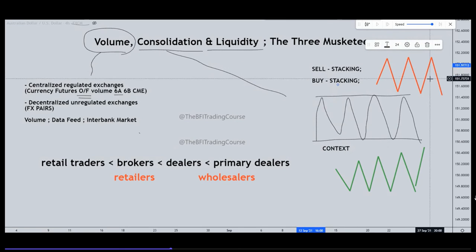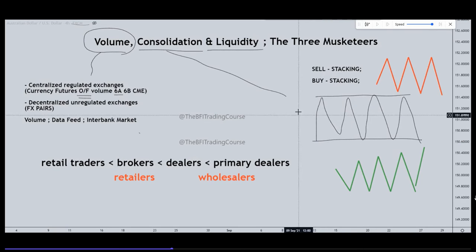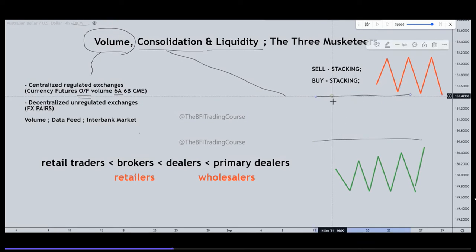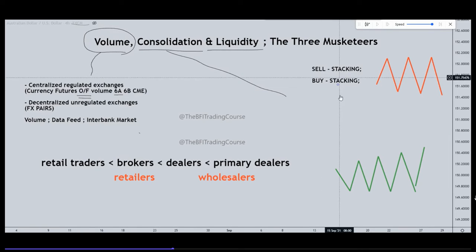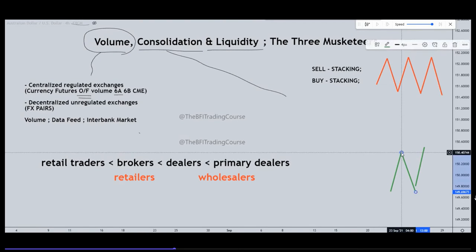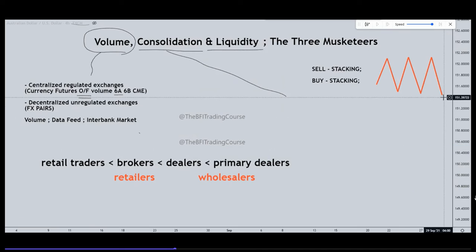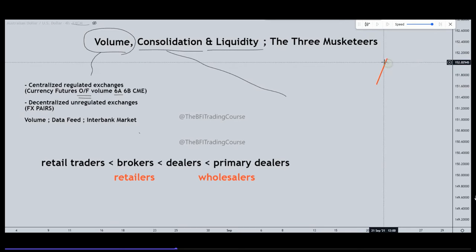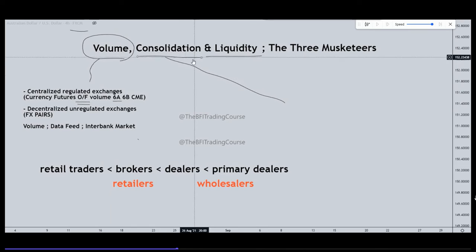And obviously it'll take some experience to be able to differentiate and read the candles, as well as use our tools to help us understand this, as we will be seeing now. But these two kinds of stacking are important to understand. Buy stacking, sell stacking. Let's maybe see how it looks on the charts, which is this consolidation and sideways movement.